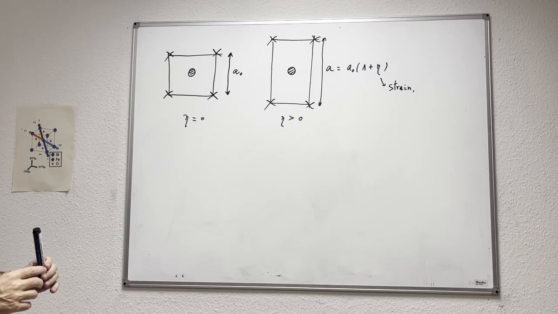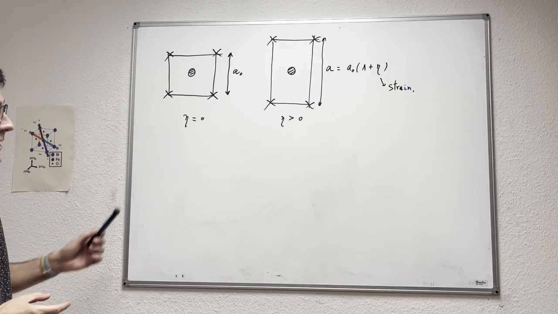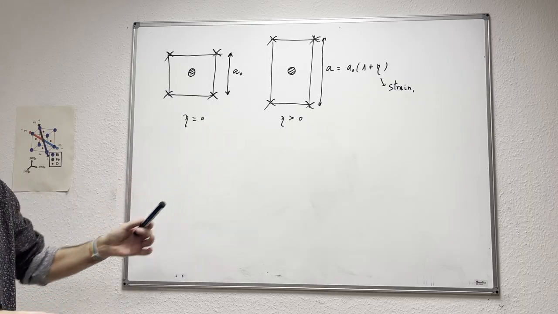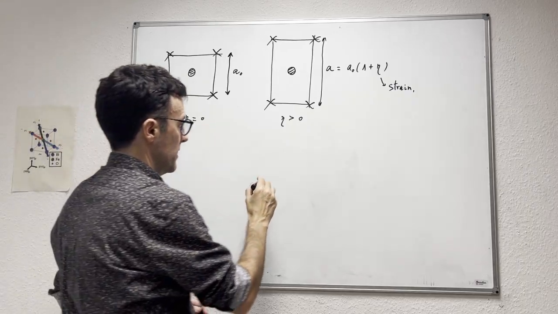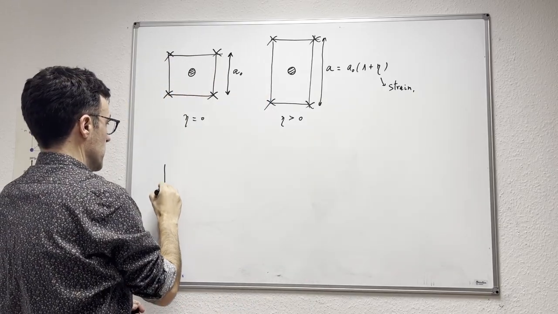Now, for the purpose of the discussion and to introduce what a strain can do to a ferroelectric, let me draw a situation with negative strain, right? I'm going to exaggerate again. So this is 0, positive. Let me draw here negative.